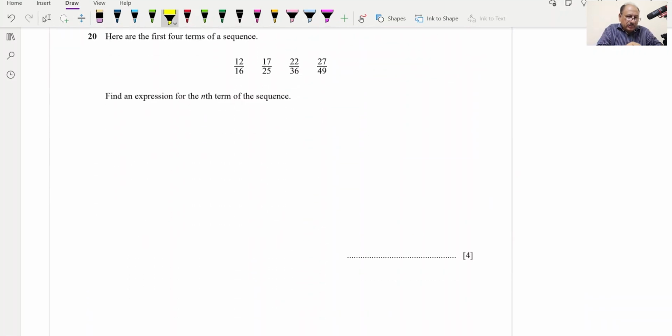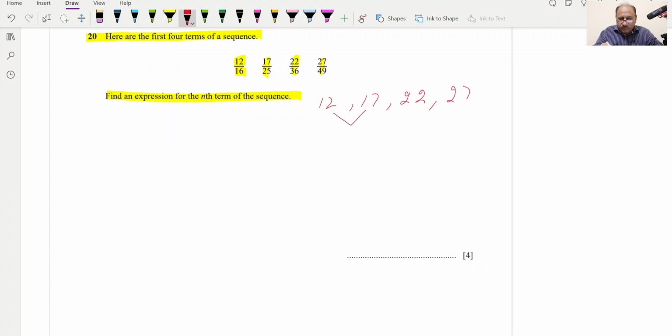Question number 20. Here are the first 4 terms of the sequence. These 4 terms are provided. Find an expression for nth term of the sequence. So numerator and denominator we can separately check, and if we write numerators, it will be 12, 17, 22, and 27.